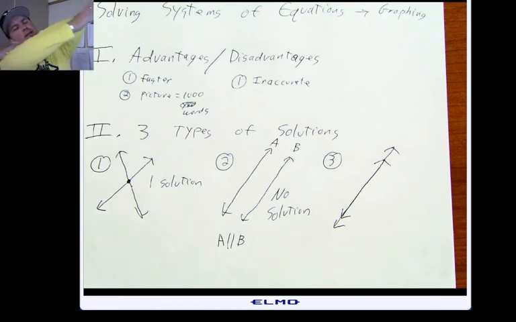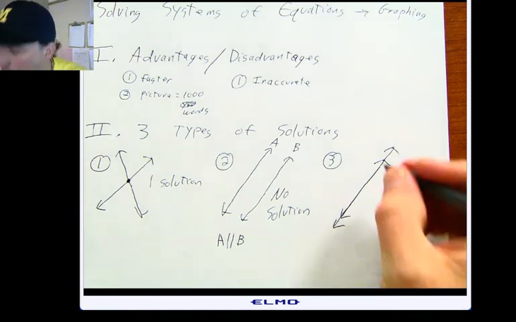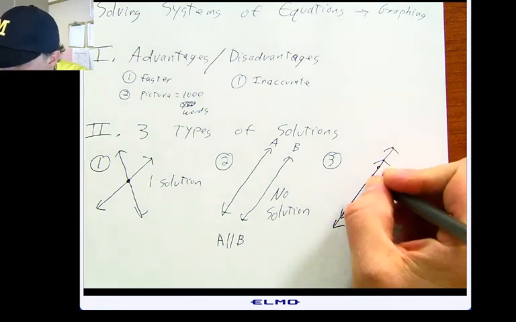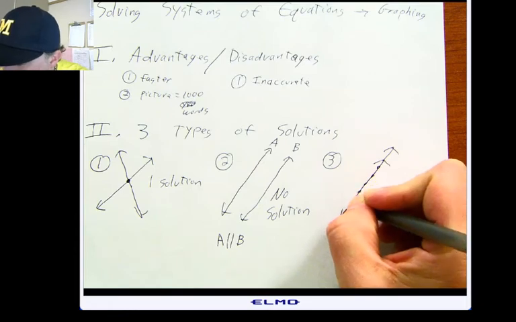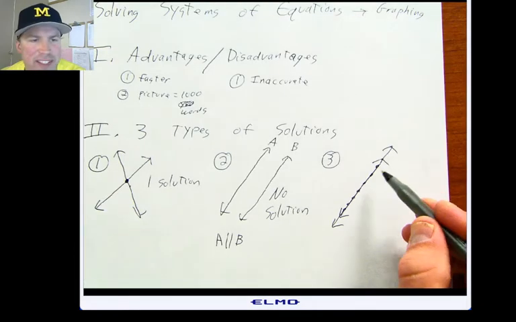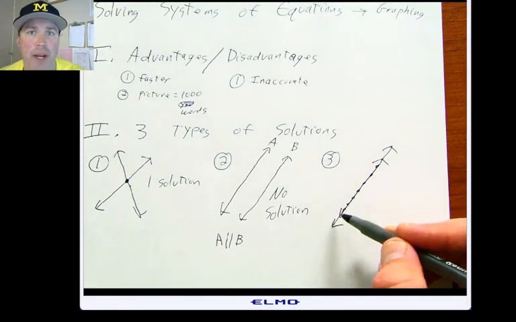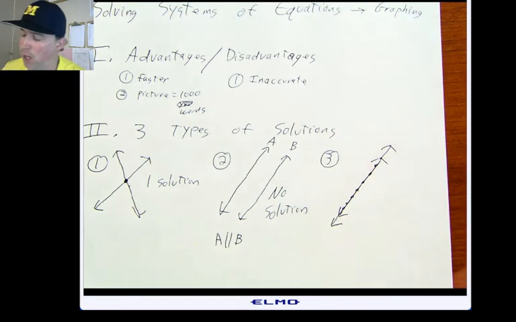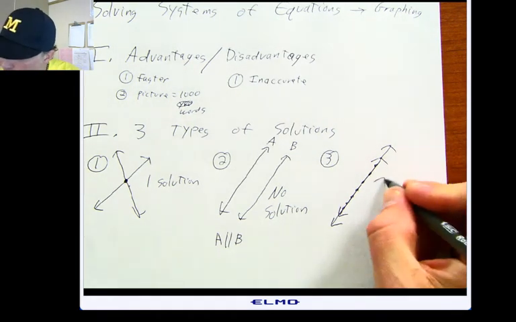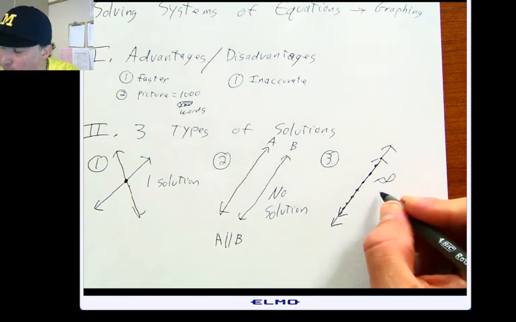Well, how many times does the exact same line overlap? How many times do they intersect? Well, every single point along this line, every single point, are all considered solution points. So that means that there are an infinite number of answers.